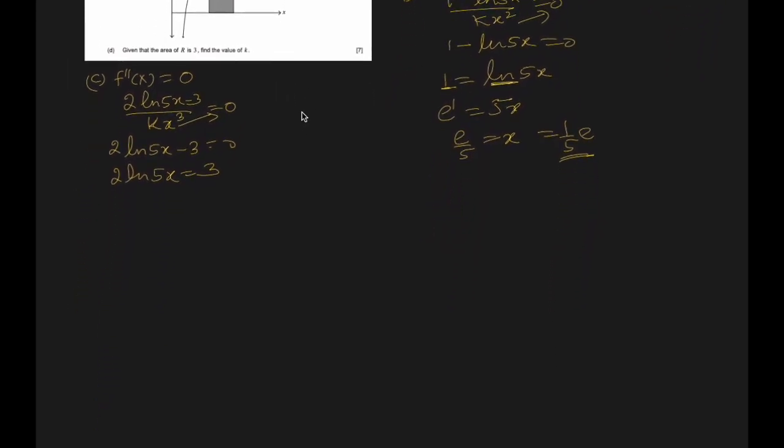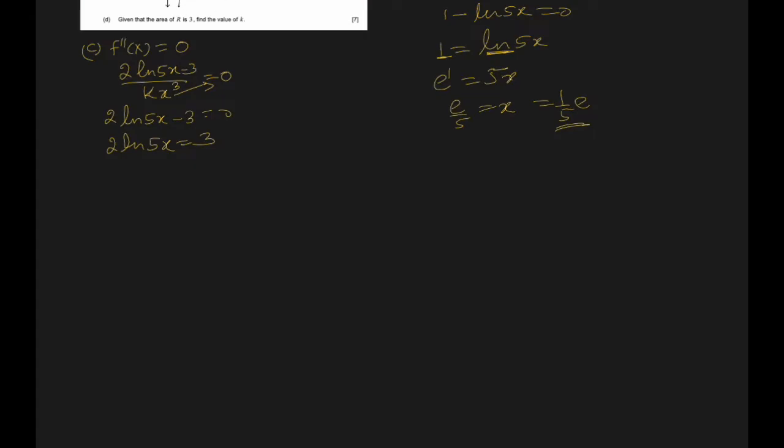So we will make some space here. ln 5x, divide both sides by 2. So this 2 goes, ln 5x is equal to 3 over 2, and again I want to remove this ln, so the other part will become e to the power 3 over 2. Divide again by 5.